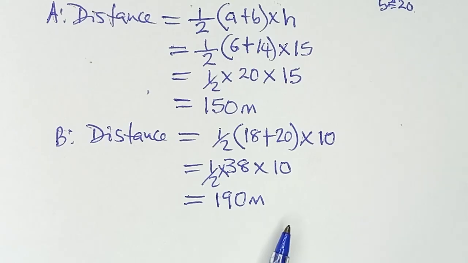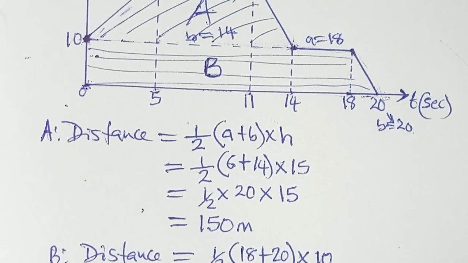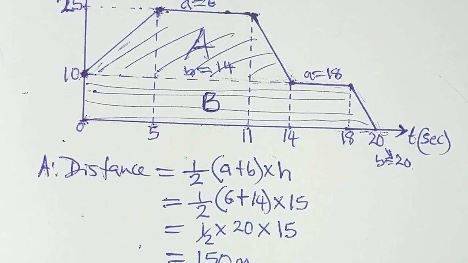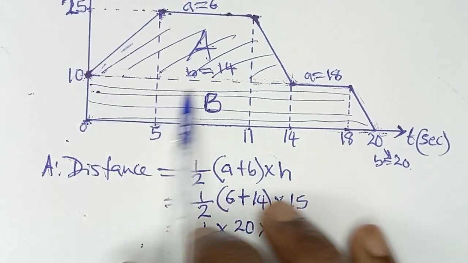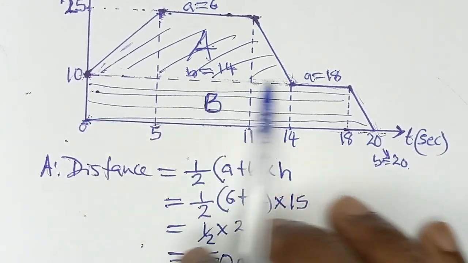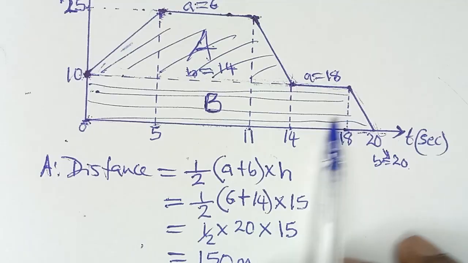So the area covered by this portion, which is trapezium B, is 190 meters. That is the distance covered by this portion.